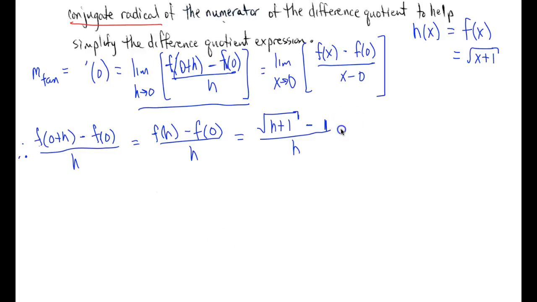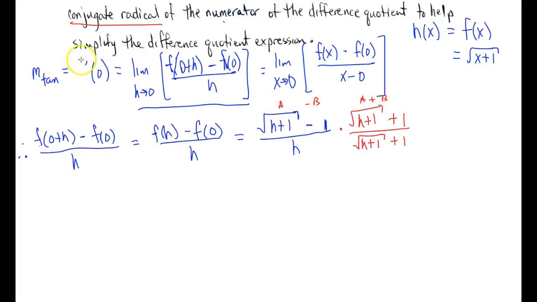So doing that, this will look like this: square root of h plus 1 minus 1, and this will be square root of h plus 1 plus 1. Okay. So now when you look at this, this will look like a minus b times a plus b.